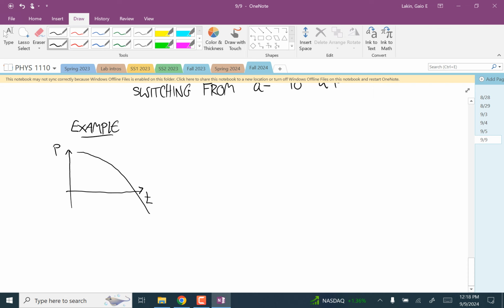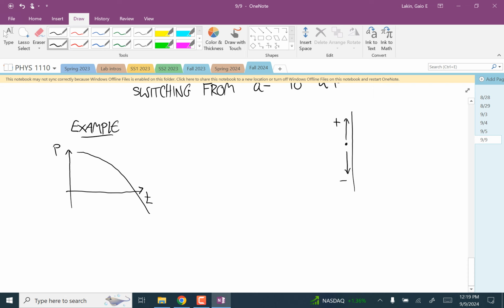Okay, so there's the graph. And we're going to say that this graph represents an object's motion along a vertical line. And we're going to say the positive direction in the real world is up and the negative direction is down.